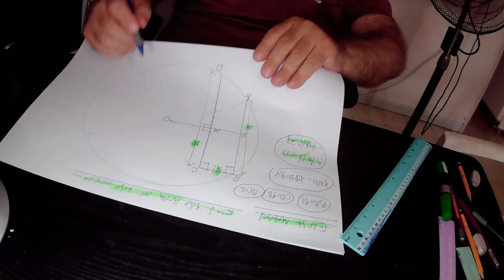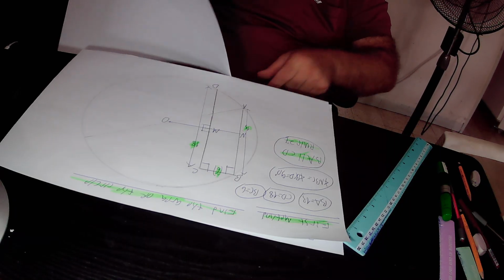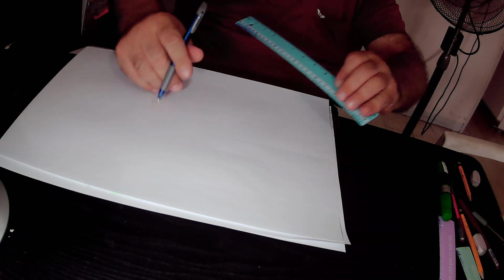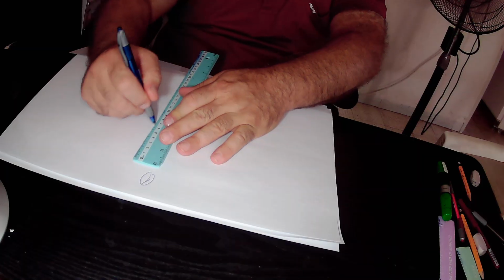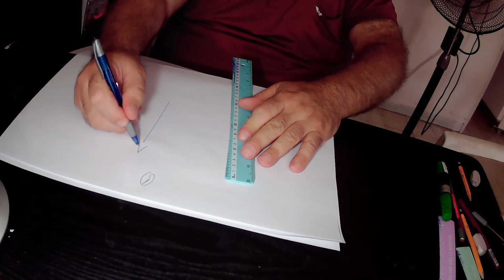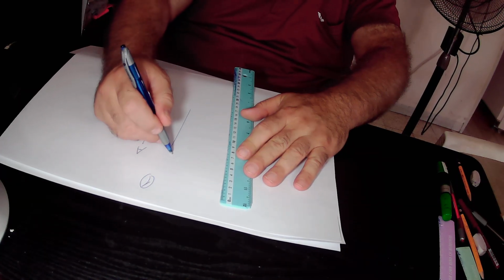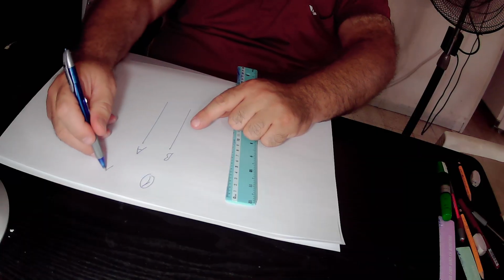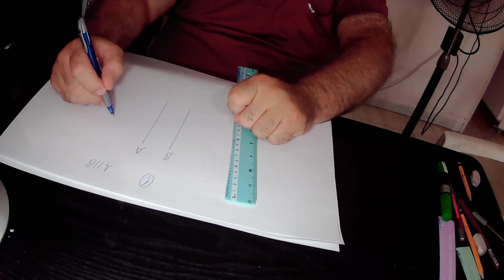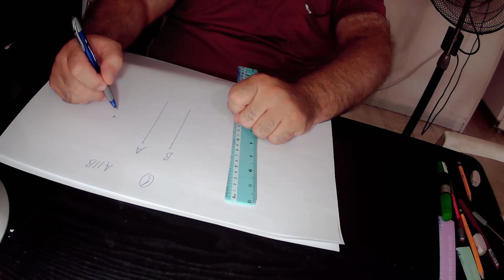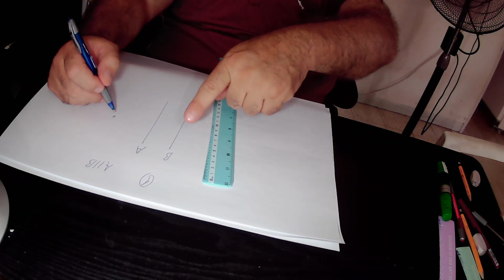If we have two lines, this is line A and this is line B, and we know that line A is parallel to line B, then the perpendicular from any point to line A will also be perpendicular to line B. Why?